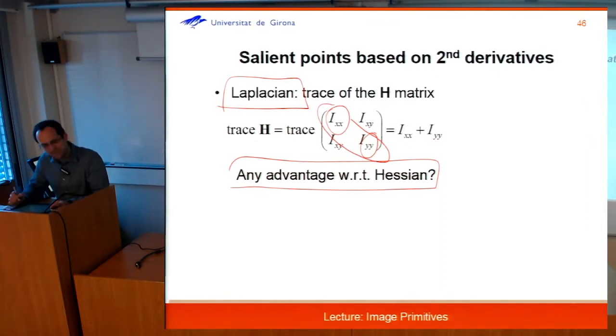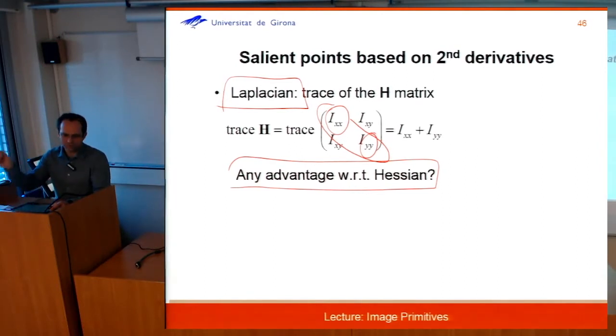But the Laplacian is very well known because it is behind one of the methods that you will see later in this course, which is SIFT. SIFT has a detector of interest points, and the detector is an approximation to the Laplacian. It's using difference of Gaussians, which is another way.